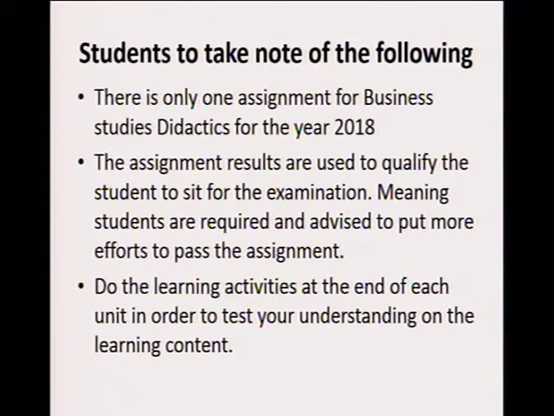The assignment results are used to qualify the students to sit for the exam, meaning students are advised and required to put more effort into passing this assignment. You are also advised to do the learning activities at the end of each unit. This is to test your understanding of the learning content.